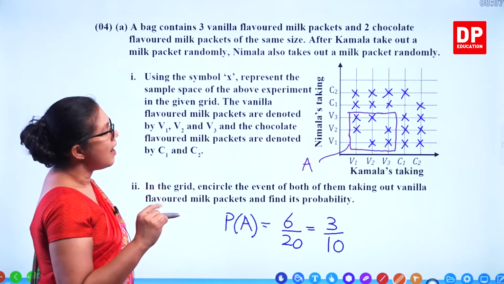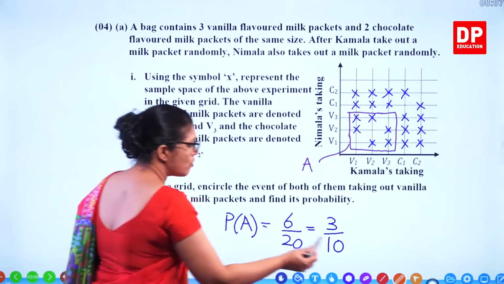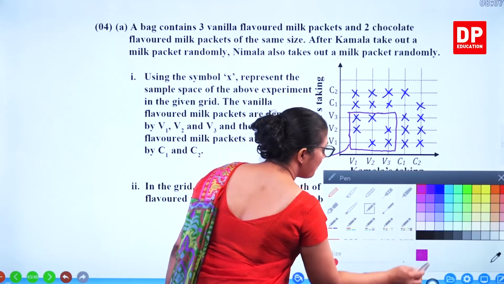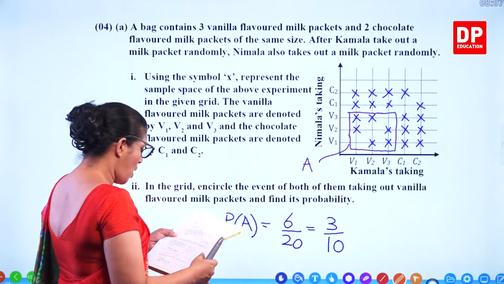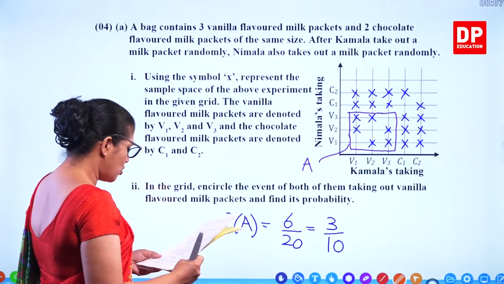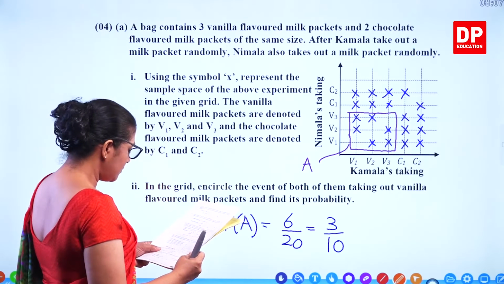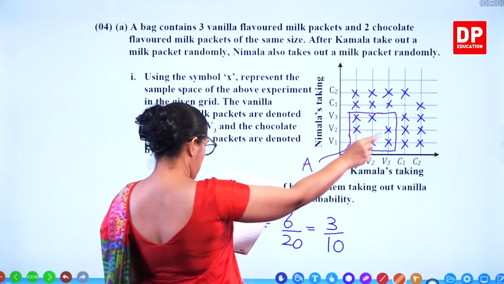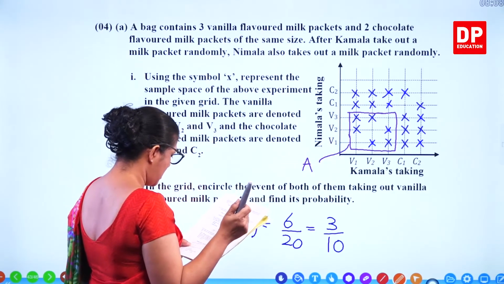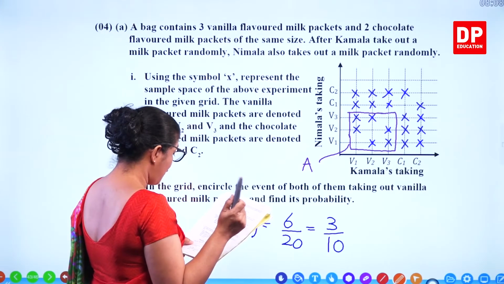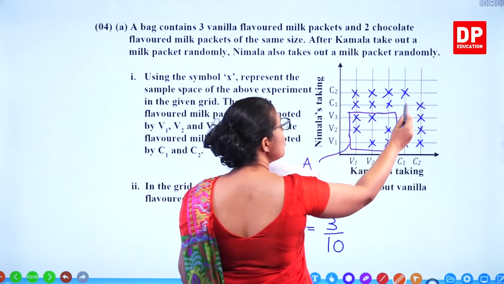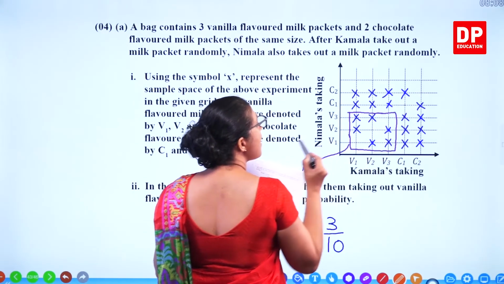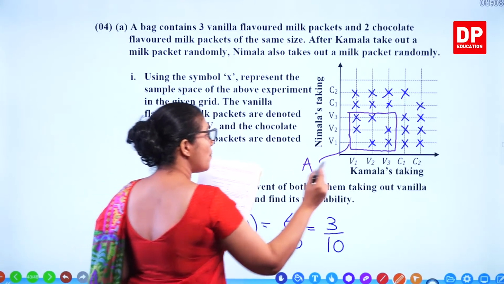So that's the answer. Now we'll see how you get marks for this step. In this one, you get 2 marks to identify the correct region. Here, first the sample space without marking this diagonal, so you get 2 marks.